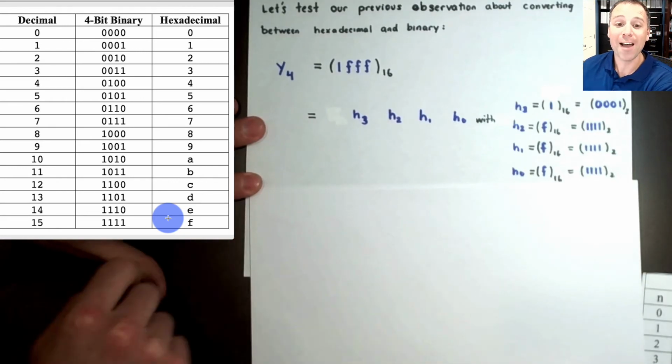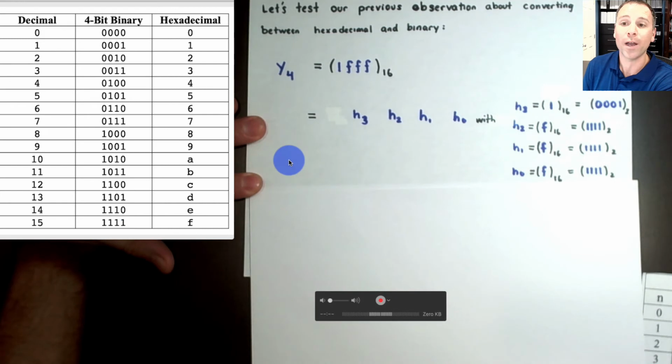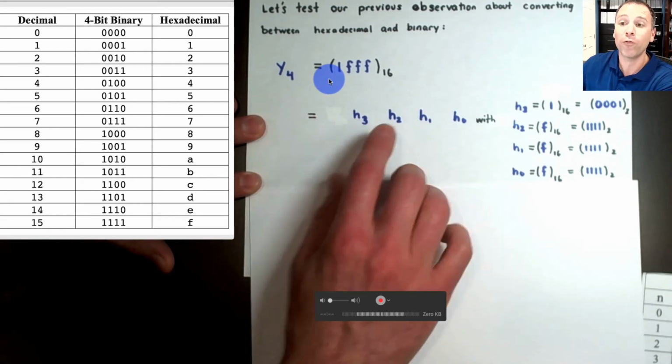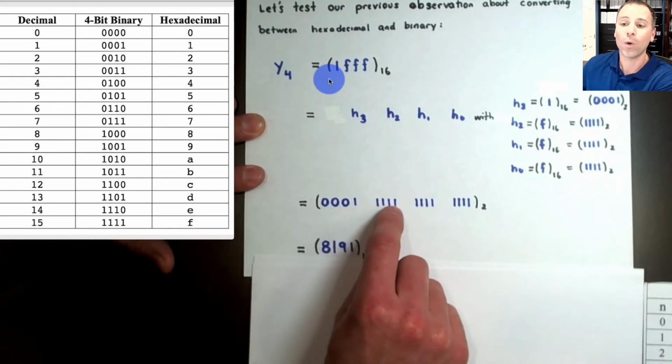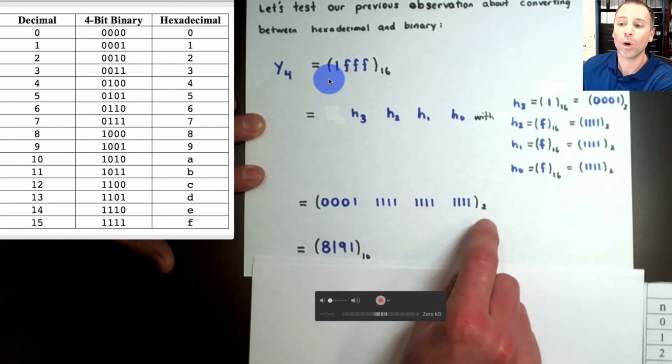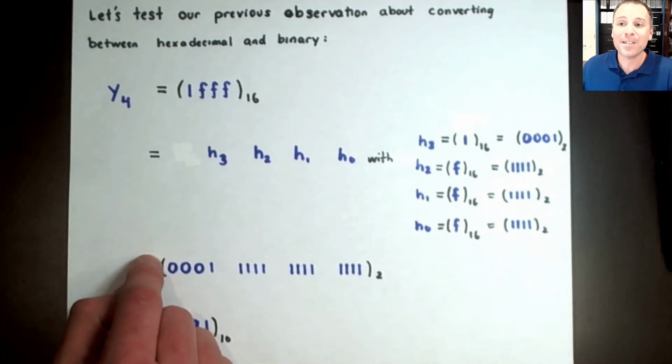Regardless, we know that F is given by 1111, so now I have 1111, 1111, 1111. In other words, if I wanted to convert 1FFF, all I do is just put those 4-bit strings together and I get the number 0001, 1111, 1111, 1111, and that gives me my binary representation.